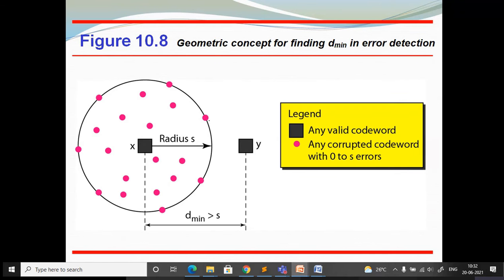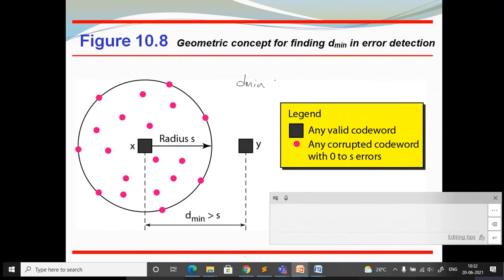Even if it is corrupted, you can see the pink dots or circles indicating the corrupted code word with 0 to S errors. So how many errors can you detect? Always d min should be greater than S. So d min is equal to S plus 1.